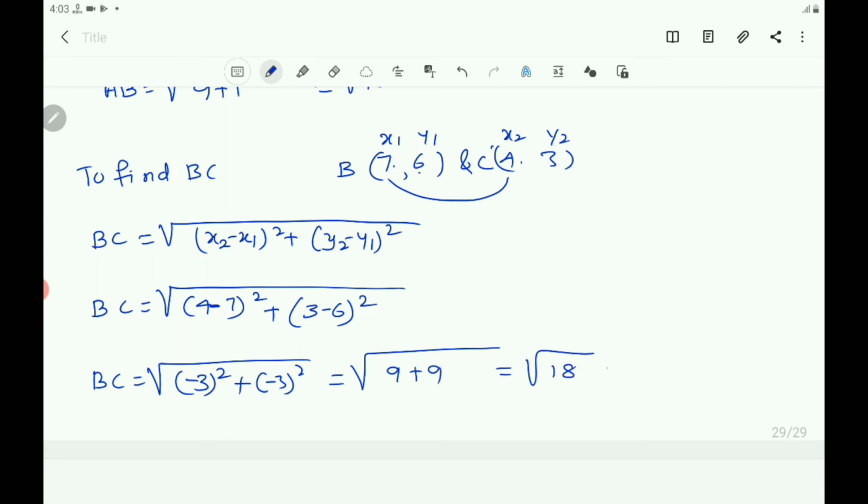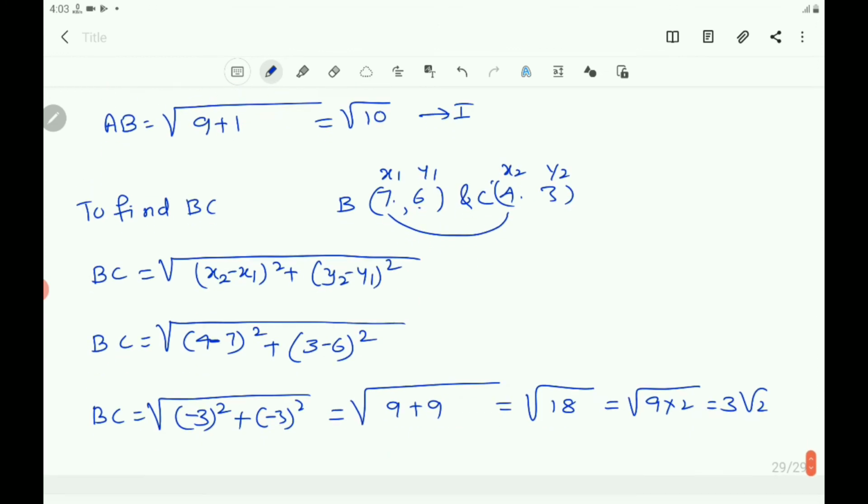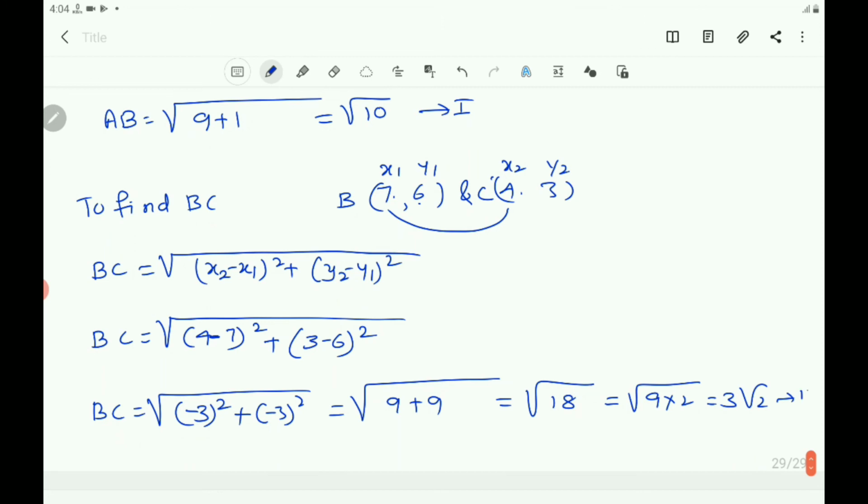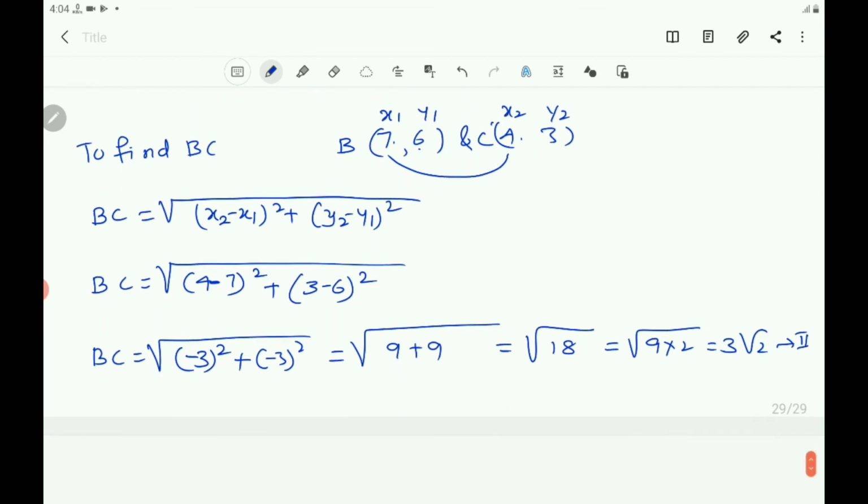We can express it as square root of 9 into 2, then it is 3 root 2. Consider this is the second one.